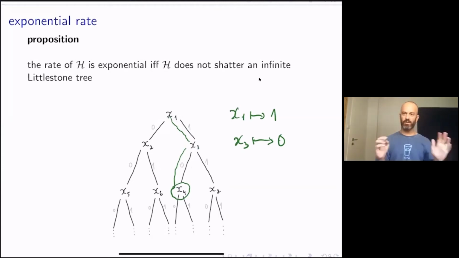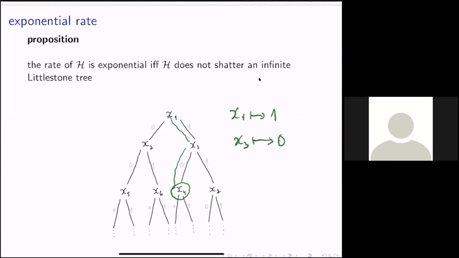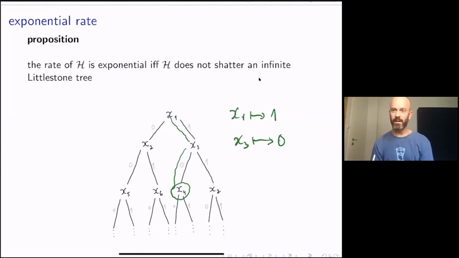The leaves are outside the tree, just every single node inside the tree. And does not shatter means that there is no tree that H shatters. So this is a combinatorial condition that characterizes exponential rate. This is the claim. Does it make sense?